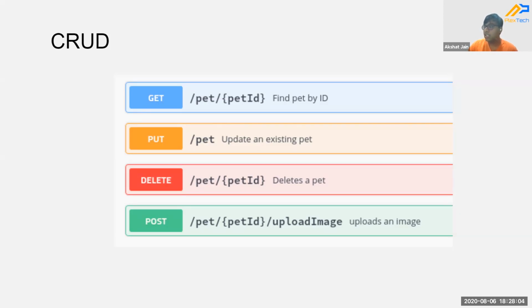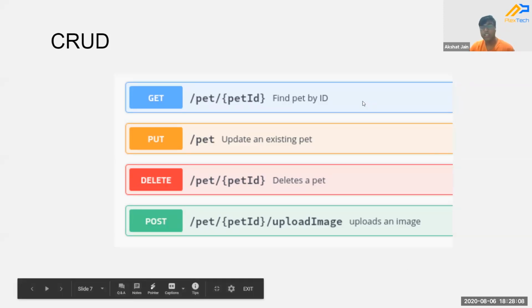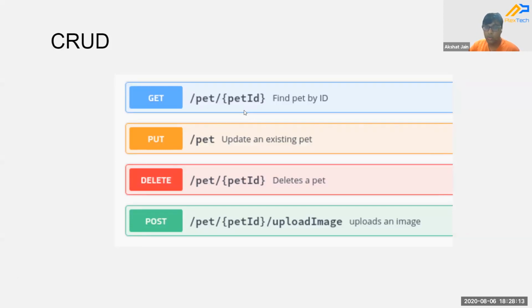Why are get and delete both pet/pet ID? Good question. Whenever you get something or you delete something, you want to know which pet ID to get or delete, right? So what the front end is going to do is say /pet/2, and 2 is the ID of this pet. You can imagine this is like a variable, right? 2 goes to pet ID.